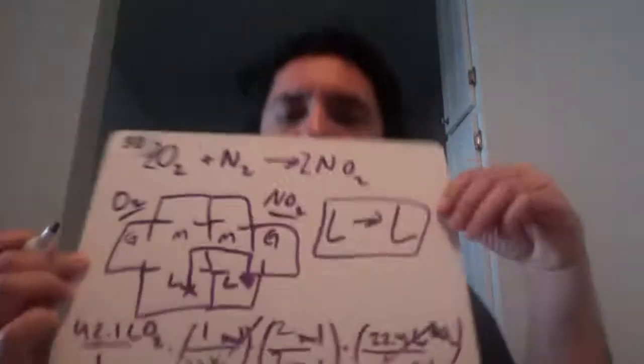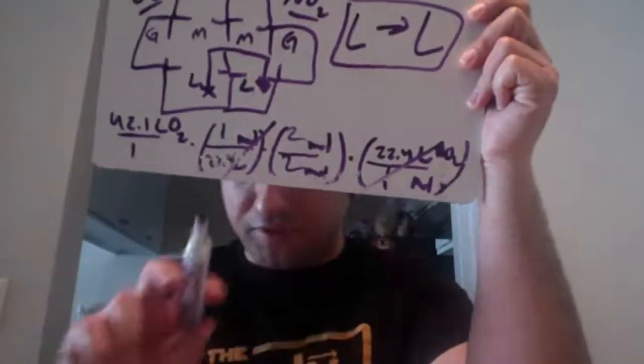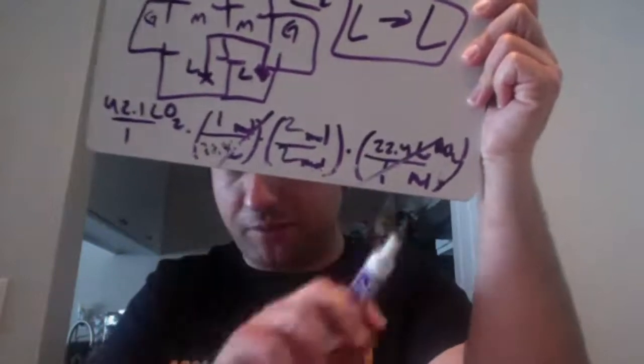So the trick here is that these first and last fractions are just going to cancel, because it's 22.4 on the bottom, 22.4 on the top, they're just going to cancel anyways.